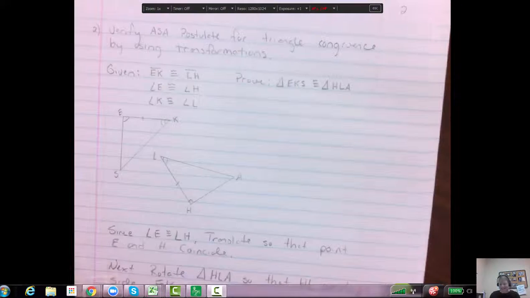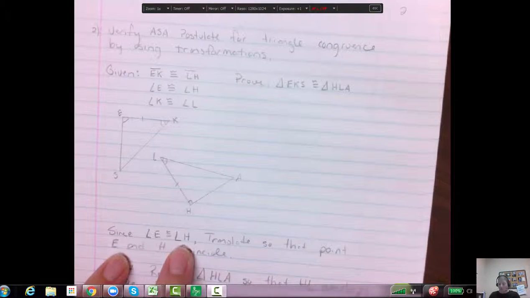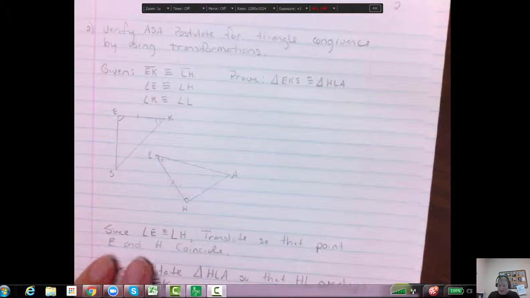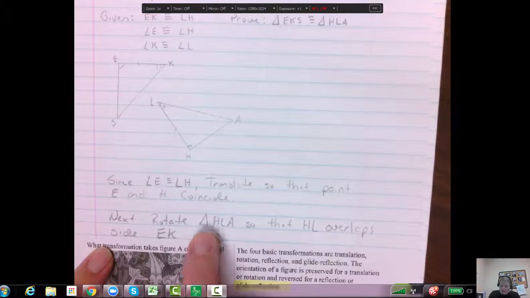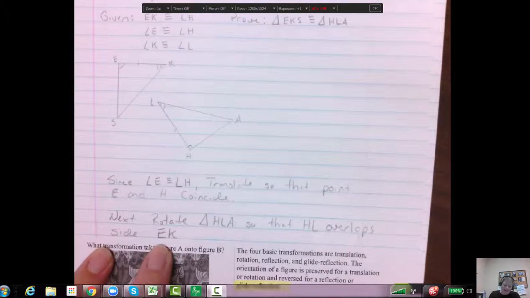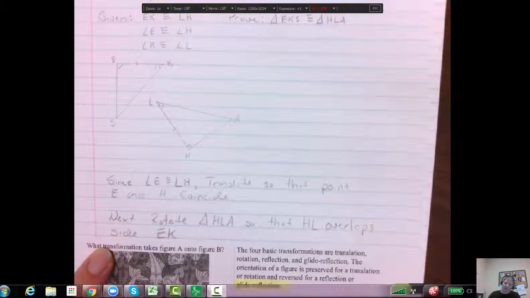Okay, how would I state that? Well, I would say since E is congruent to H, translate so that the points E and H coincide. So they're on top of each other. Next, rotate triangle HLA, that's this one, so that HL overlaps EK. So the congruent side.